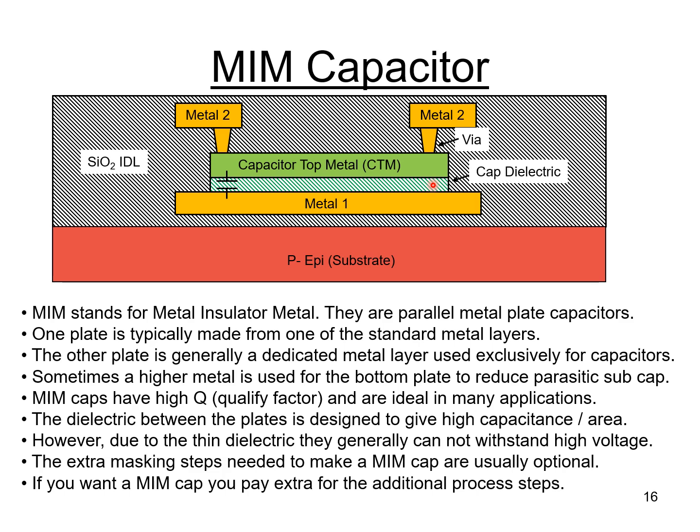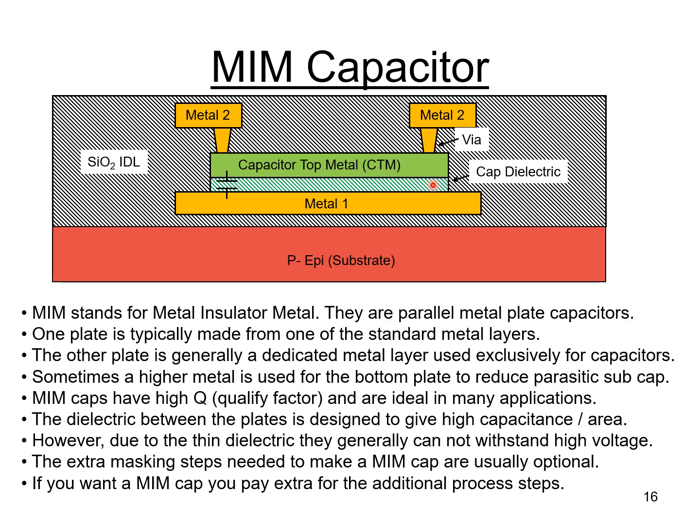The MIM capacitors have high Qs, or quality factors, and they're ideal in many applications. Now, a quality factor in this case would be the ratio of capacitance to resistance. So you'd like a lot of capacitance with very little resistance, and this type of capacitor does that very well.